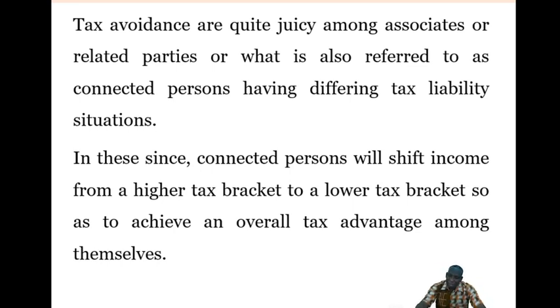However, the tax authorities or the law requires that any transaction between connected persons or related parties must be done at what? Arm's length. You see this, you are getting it. Okay, let's move on.